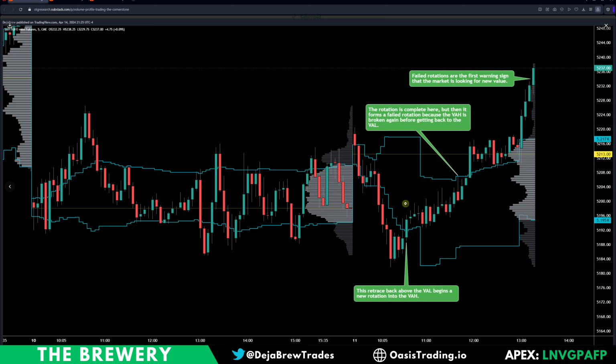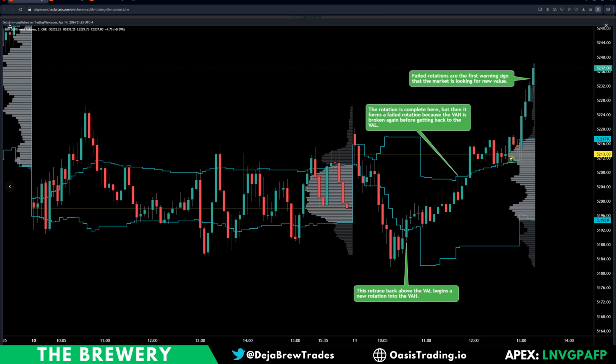Okay, here is another example of how we were rotating inside of that previous day's value. You can see this retrace back above the value area low begins a new rotation into the value area high. So as we rotated downward, we finished that rotation once we hit that value low. And then once we started to reclaim the current day's value area low, price wanted to go back to that value area high.